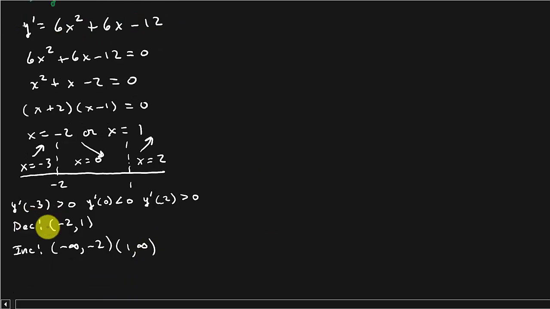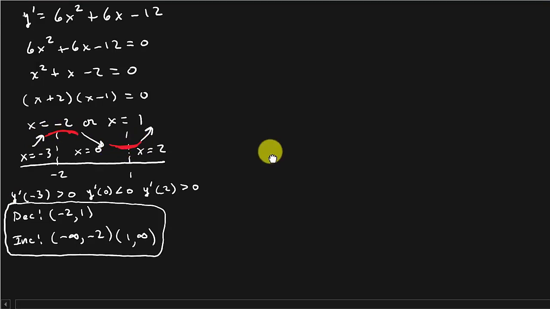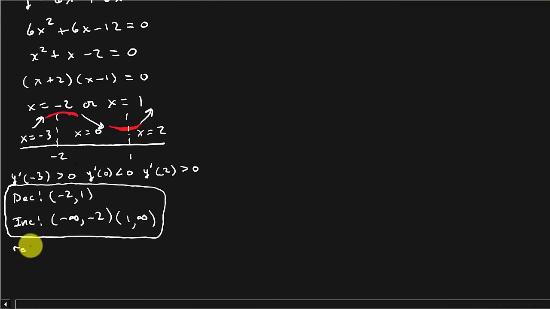All right, and so there's my increasing and decreasing. And you can see here I have a relative max and a relative minimum. So my relative min is at 1.